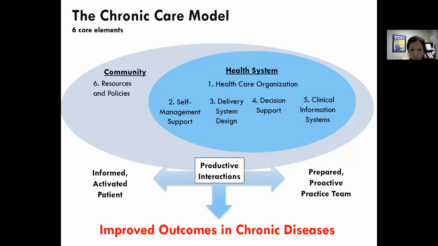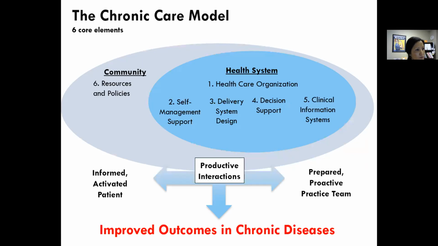So here you see a picture of the chronic care model and the 6 core elements that are in it. There's the way the healthcare system is organized. We have to deliver self-management support. We've got to redesign the delivery system, make better use of decision support, and use clinical information systems to manage the population.